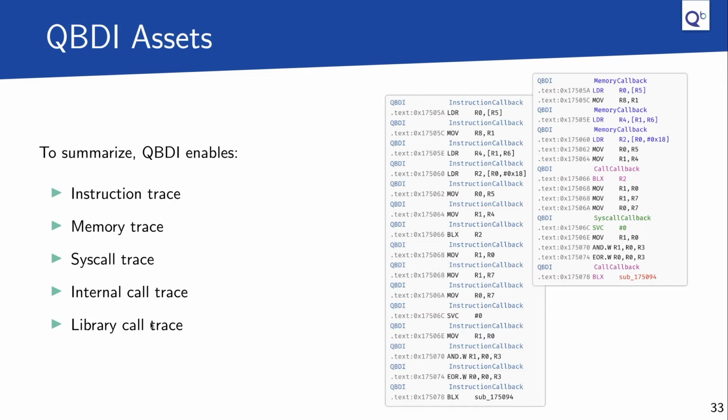This is what QBDI provides. And when you have to analyze obfuscated code, you can use one, or you can combine these primitives. Now we'll see how we can combine these primitives to analyze obfuscated code.